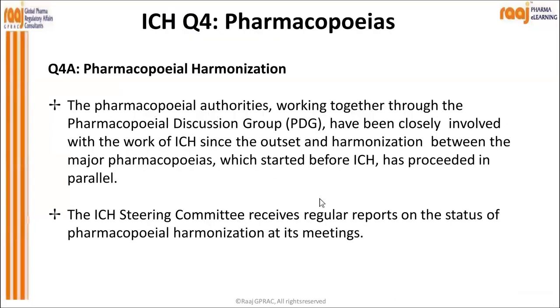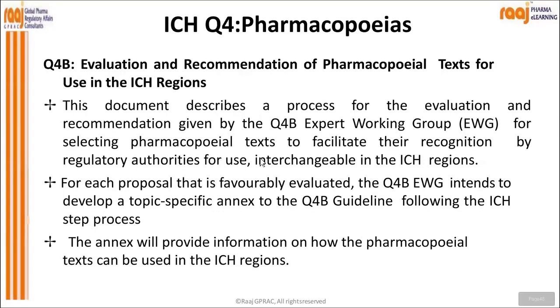Then Q4A talks about pharmacopoeial harmonization. The pharmacopoeial authorities working together through the Pharmacopoeial Discussion Group, that is PDG, have been closely involved with the work of ICH since harmonization started in 1989. The ICH Steering Committee receives regular reports on the status of pharmacopoeial harmonization at its meetings.